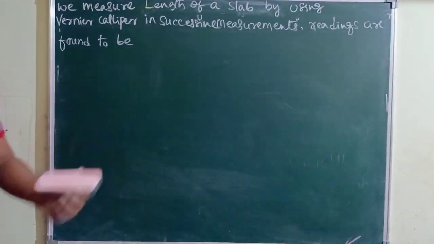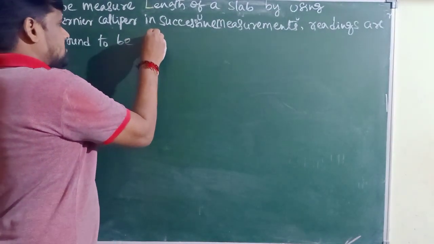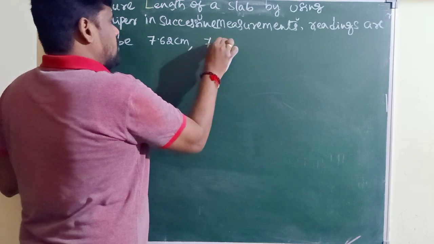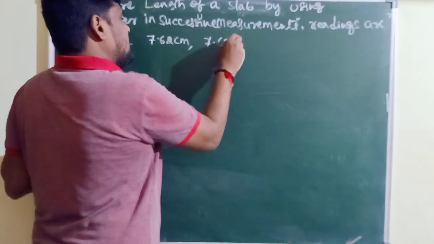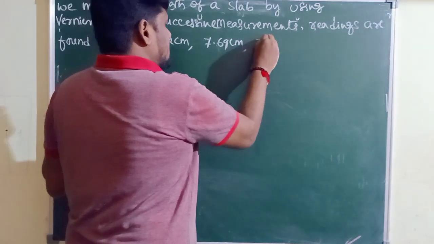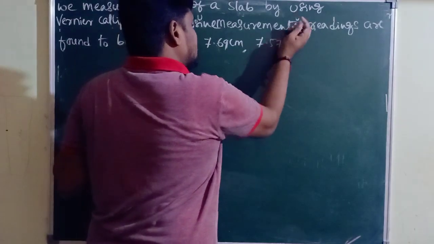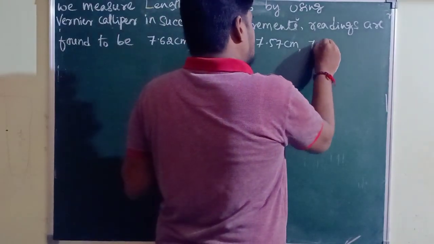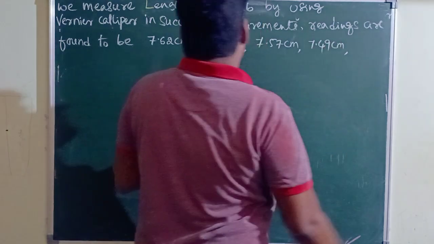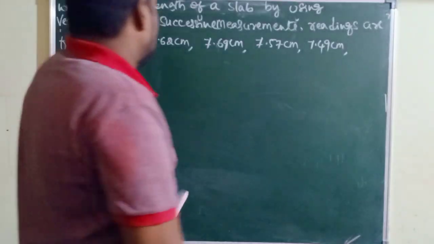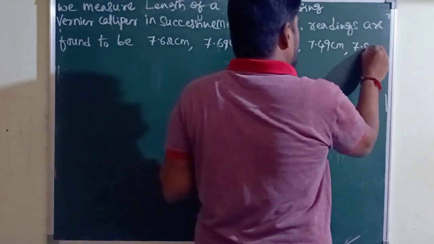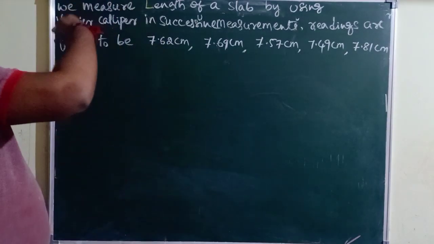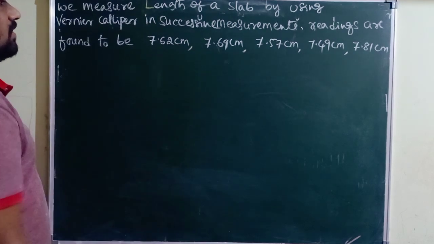These are the readings we got: 7.62 centimeter, 7.69 centimeter, 7.57 centimeter, 7.49 centimeter, and 7.81 centimeter. So these are the readings you got when measuring the length of a slab.